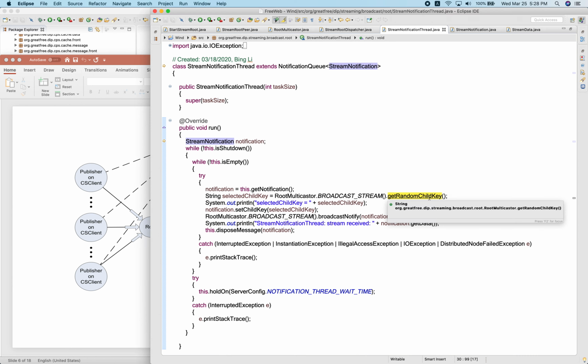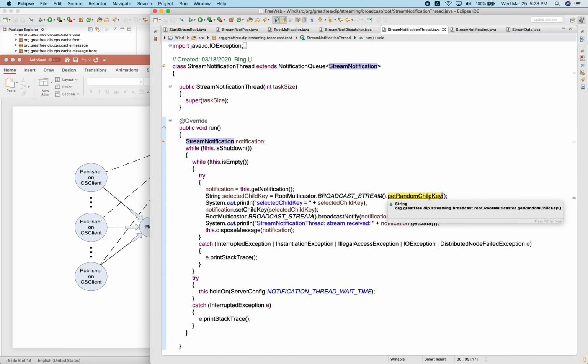In practice, maybe this is not a good solution, because in practice, you need to measure the distance between the subscribers and the children. A lot of children, right? You need to find one child that is as close as possible to the subscribers.